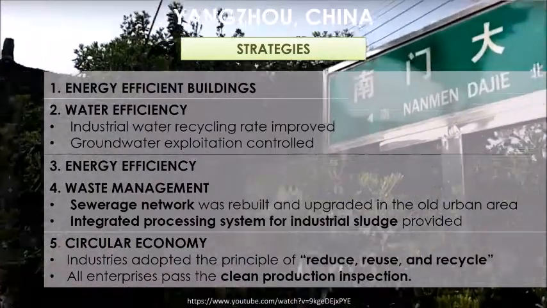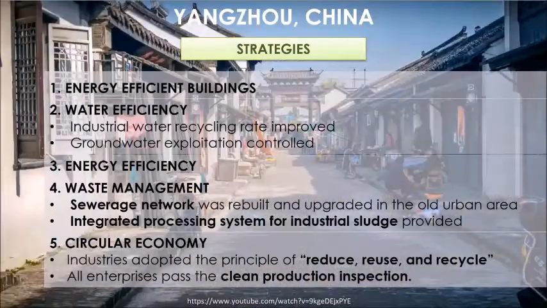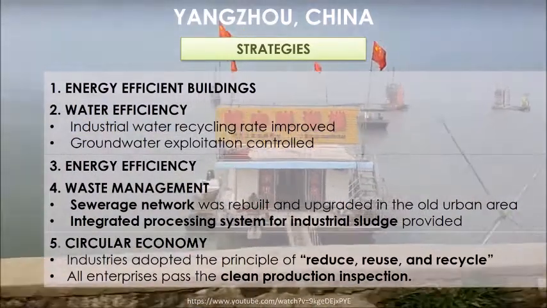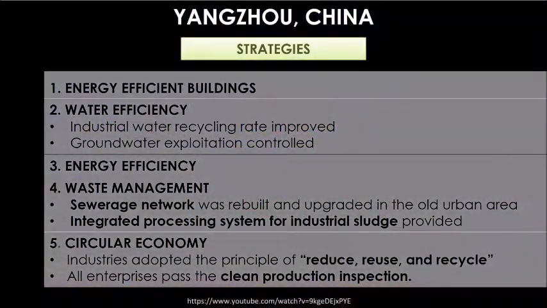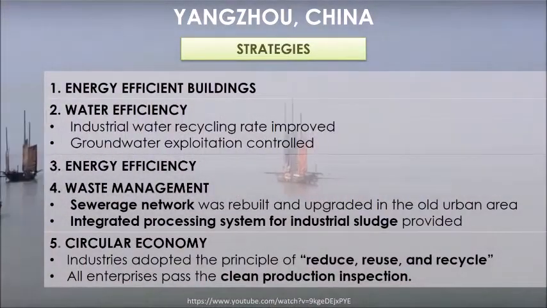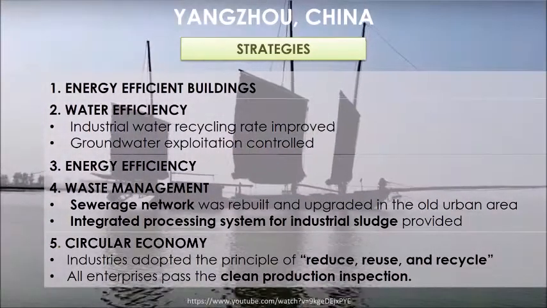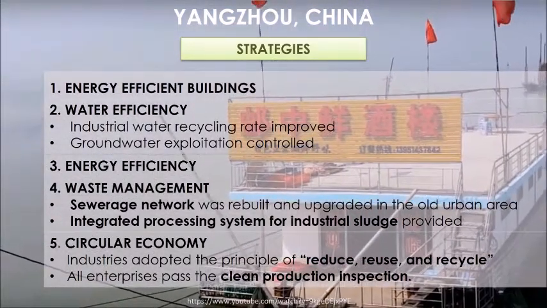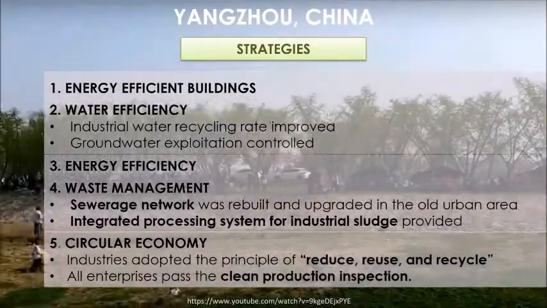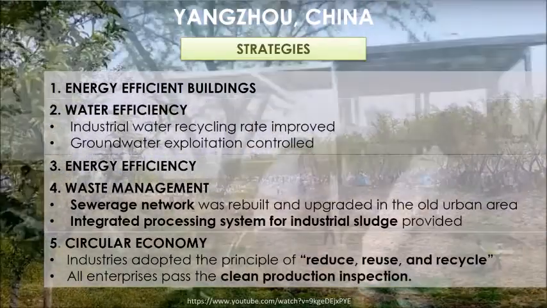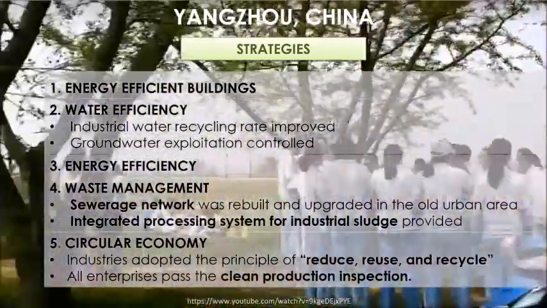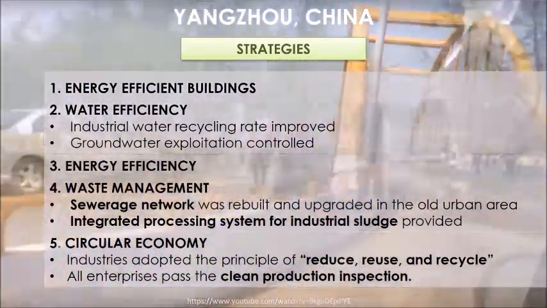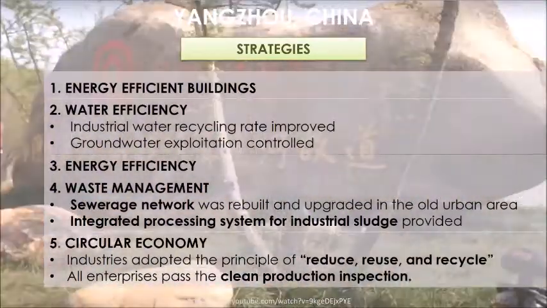Yangzhou put forth strategies of energy efficient buildings and water efficiency, that is improving the industrial water recycling rate and controlling groundwater exploitation. Then they also looked into waste management: the sewerage network was rebuilt and upgraded in the old urban area, and an integrated processing system for industrial sludge was provided.